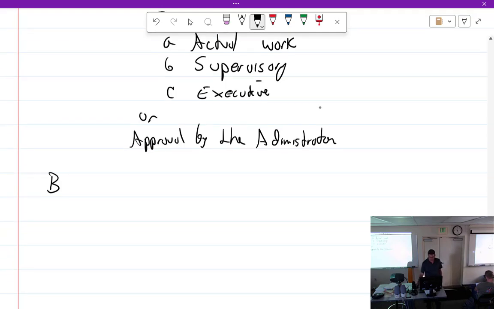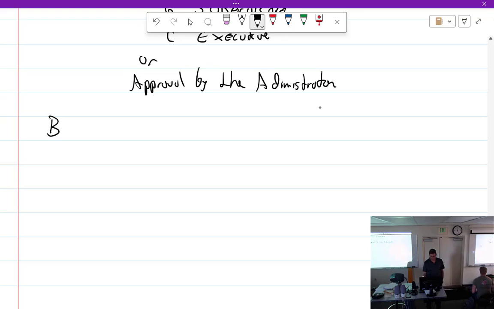All right, this next part is going to be a little confusing, and I'm going to try to make it not confusing. And the problem with this is defining what is being done to an aircraft.